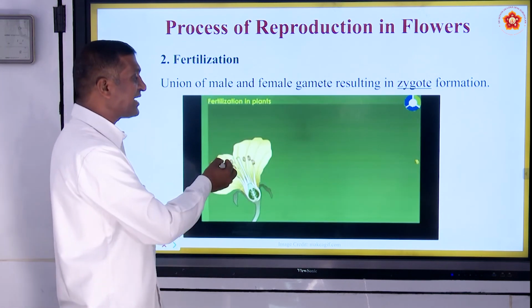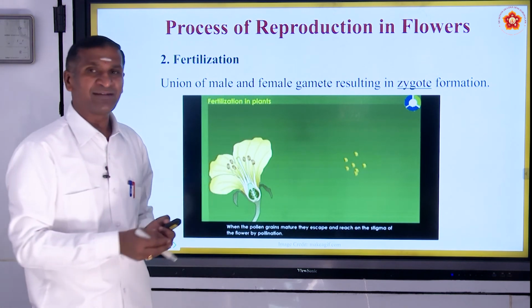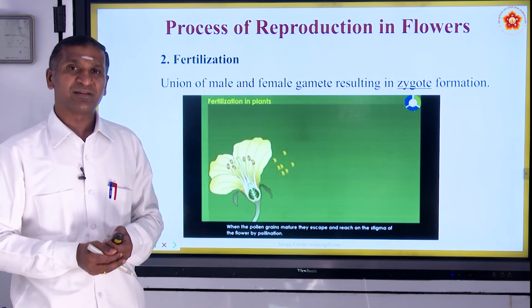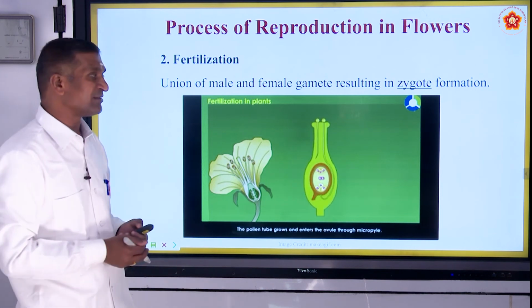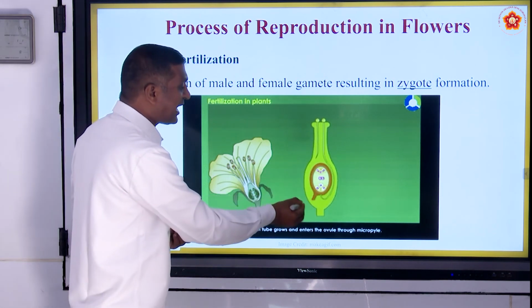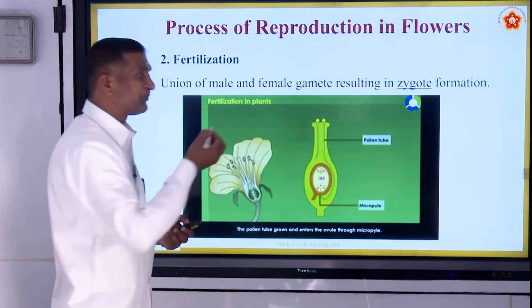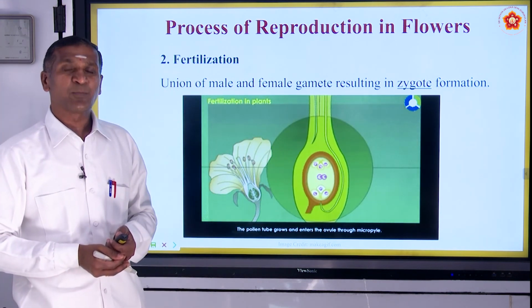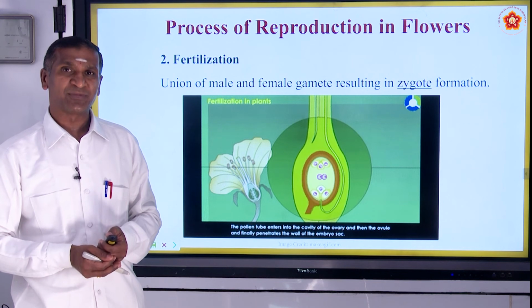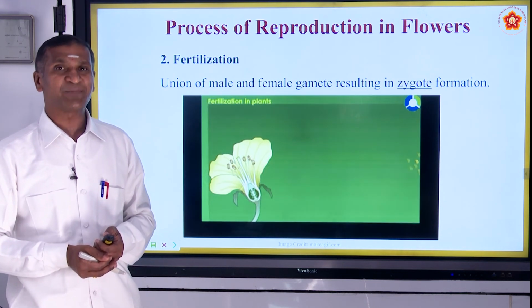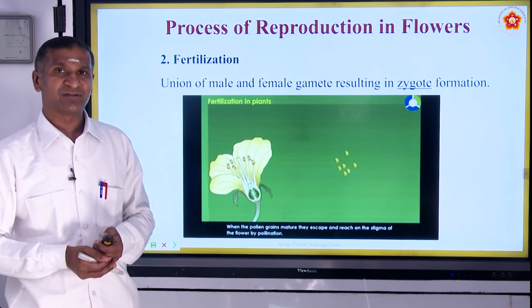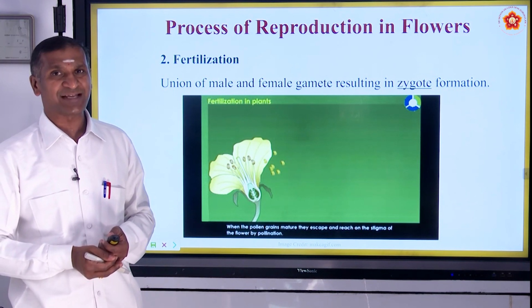And after that there is union of both the male and the female, and the zygote formation takes place with the help of the pollen tube, the germination process which is observed during the fertilization.